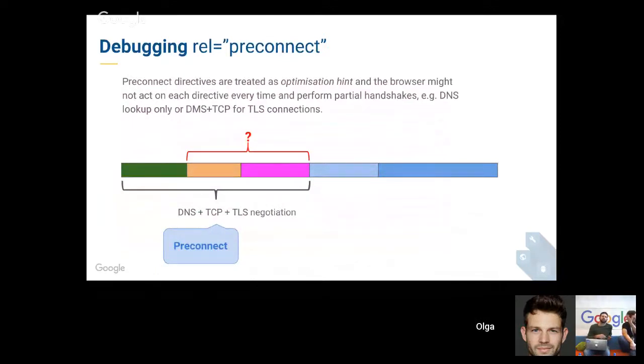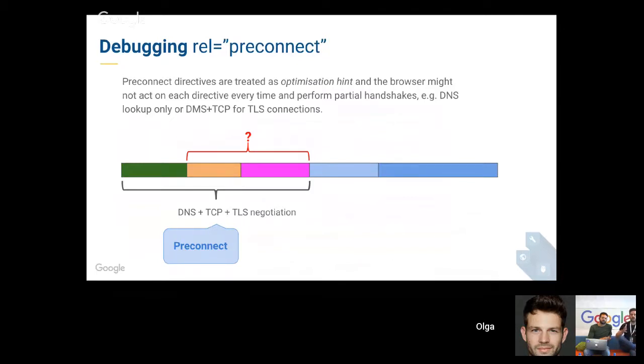Yeah, actually, there was one more thing we wanted to talk about in terms of preconnecting. I think it's quite important to say that the preconnect directive is an optimization hint, which means that we hint to the browser that it should preconnect to the server. However, the browser might not act on that each and every time, because the browser is quite smart and doing a lot of calculations in the background.